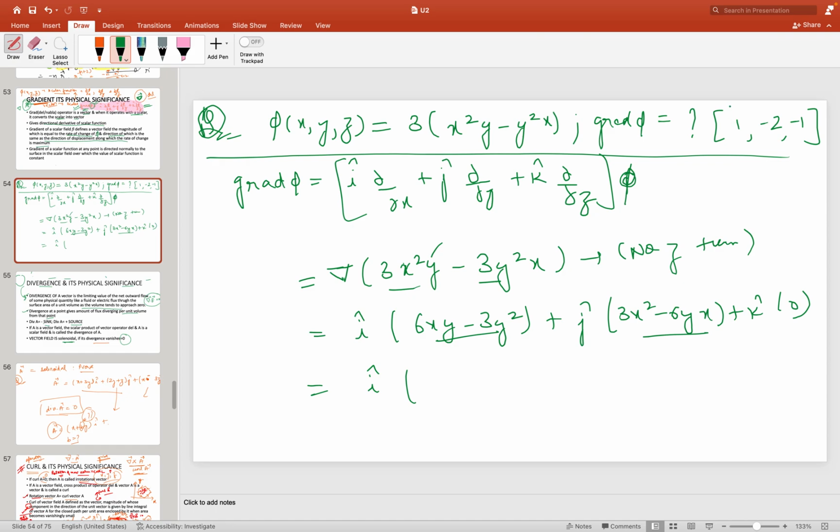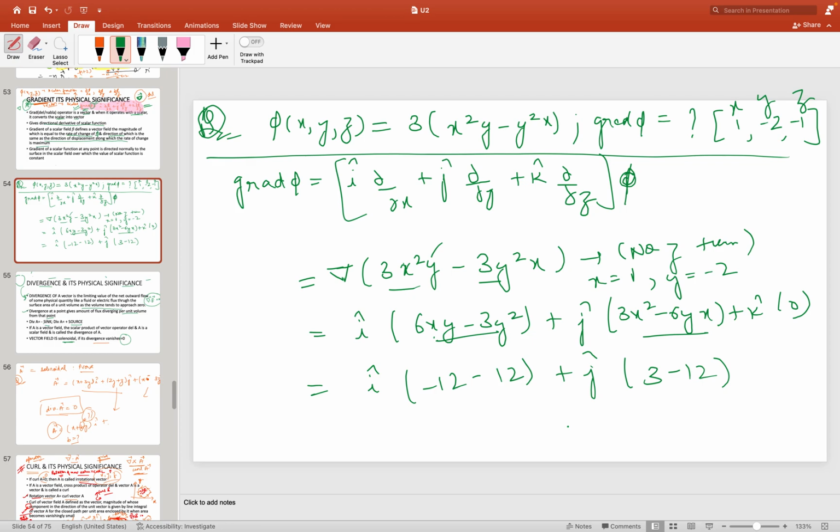So let us put the values of x, y and z as given in the question. x value is 1, put x equal to 1 and y equal to -2. So if you put this, -12 minus y square 12, plus j cap 3x square, 3 minus 6yx plus 12.